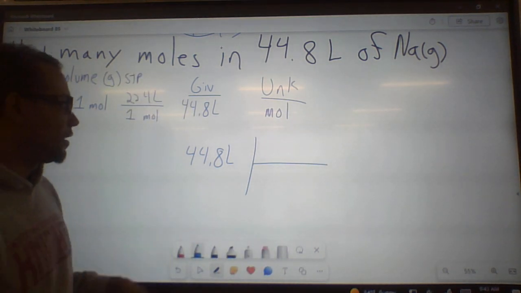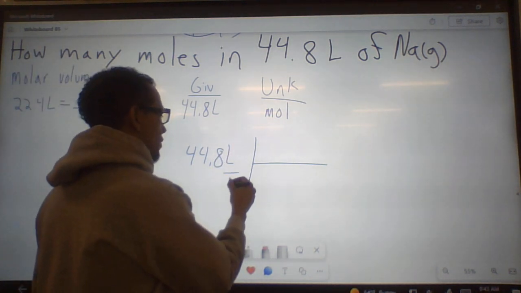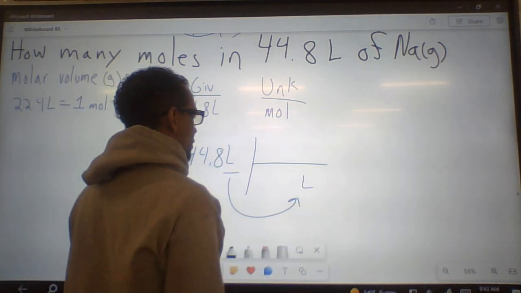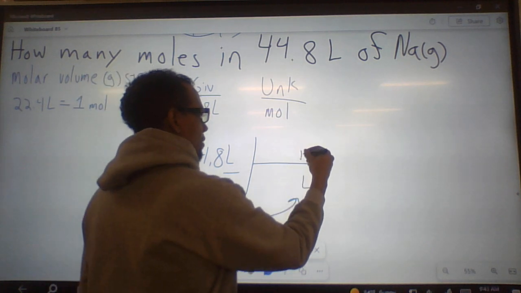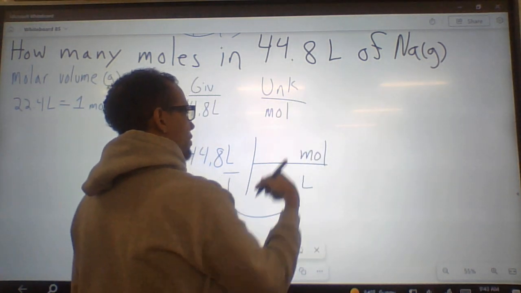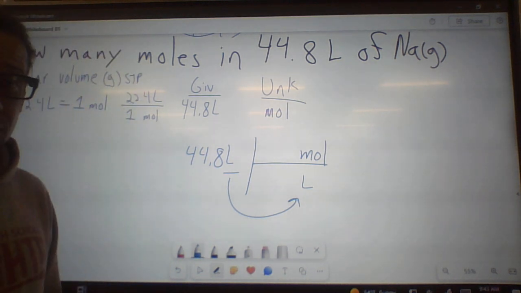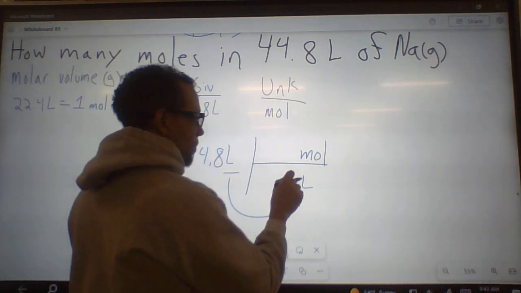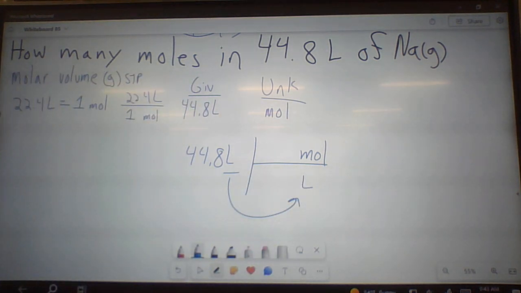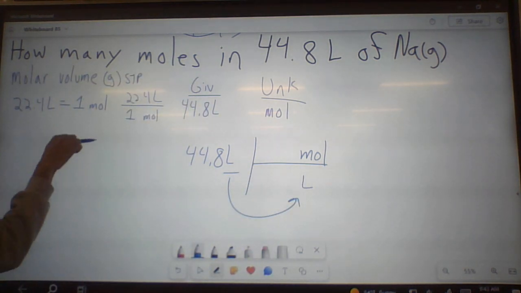All right, and then now fill in my units. Liters is here, so I underline it. Then unknown units at the top. And now, no rocket science, no chemistry, just matching. What number matches my L? I'm just going to go over here to my equality and my ratio.